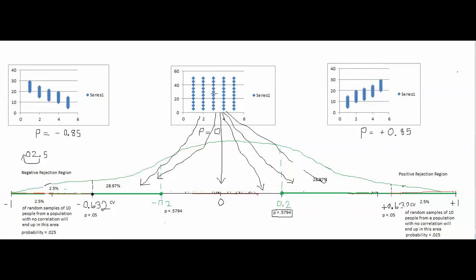After all, we know that samples coming from a population with no correlation end up in the area between the two critical values 95% of the time.